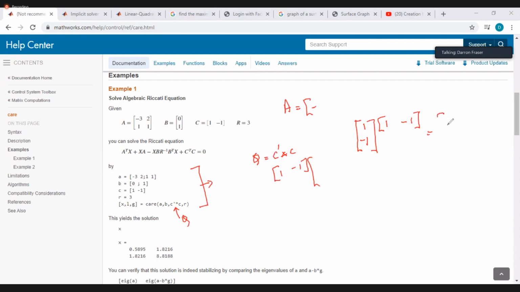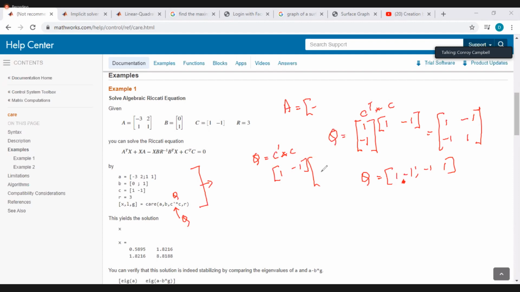For that equal to, 1 times 1 is 1. 1 times -1 is -1. -1 times 1 is -1. -1 times -1 is 1. So this is what my Q is equal to. So you can define that matrix as Q equal to 1, -1, -1, 1.